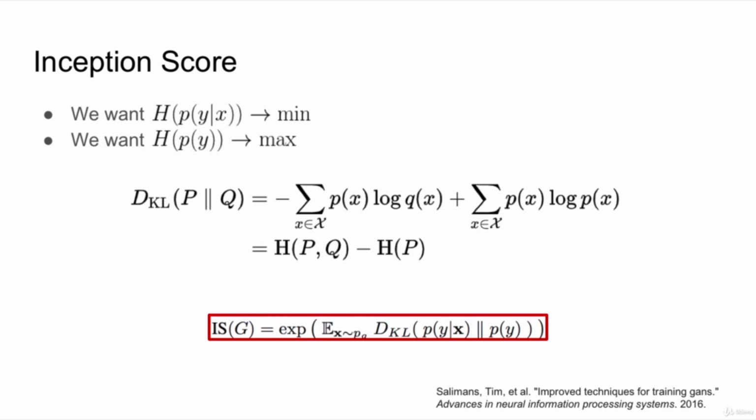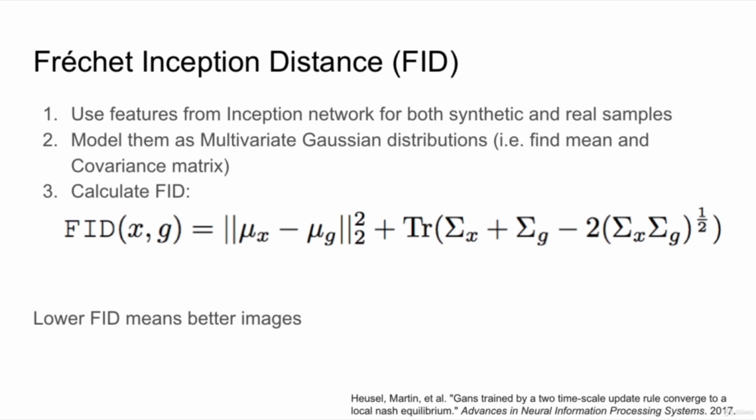Taking into account the fact that we want the minimization of the first entropy and the maximization of the second entropy, we can combine them into a Kullback-Leibler divergence, and here we obtain inception score. It is defined as the KL divergence between two distributions, P of y given x and P of y. And now you know how it was obtained. Note that the higher the inception score, the better is our GAN model.